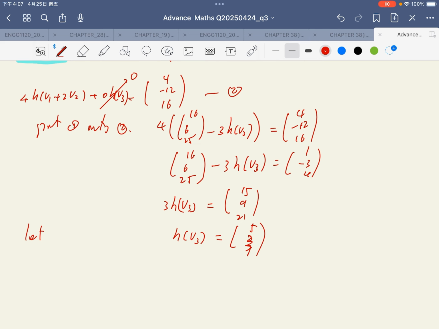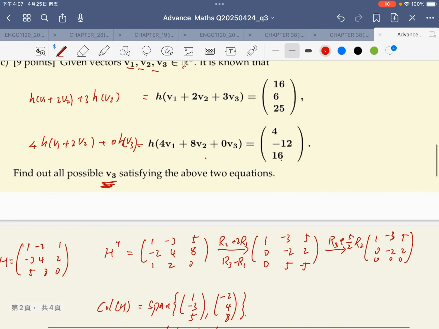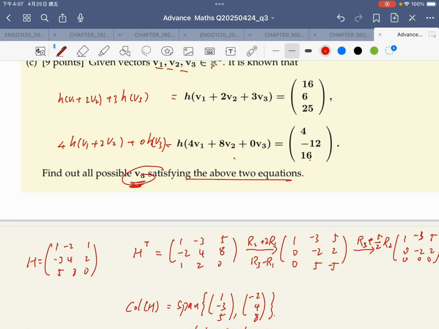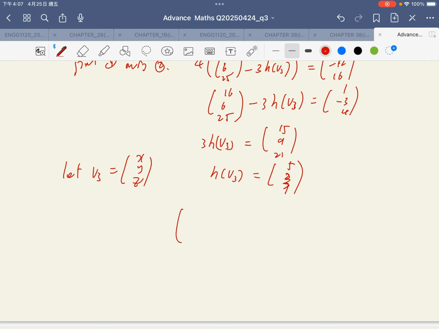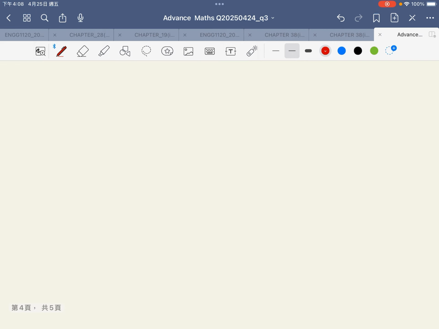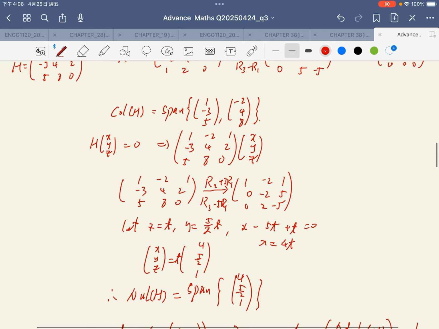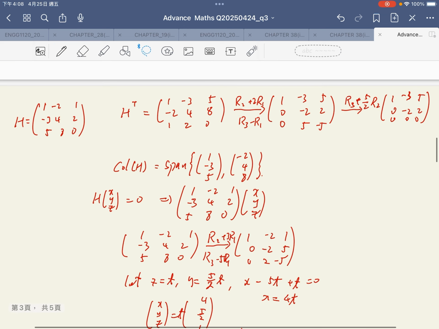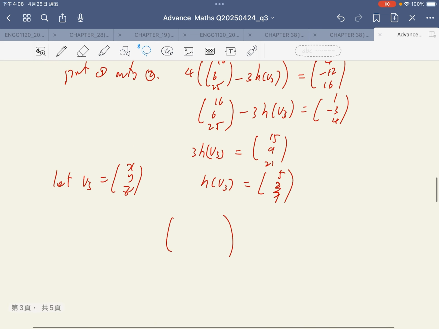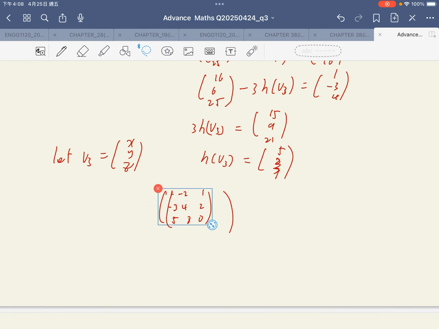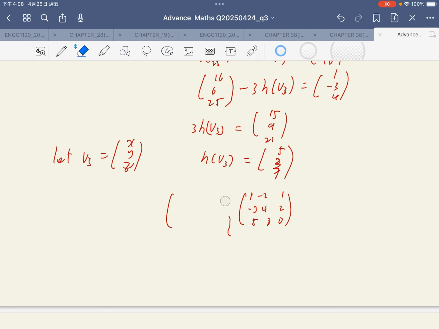And let V3 equal to (x, y, z), because the question has to find all the V3 satisfying both equations. We here put the H. H is this one. That's H times (x, y, z) equal to (5, 3, 7).